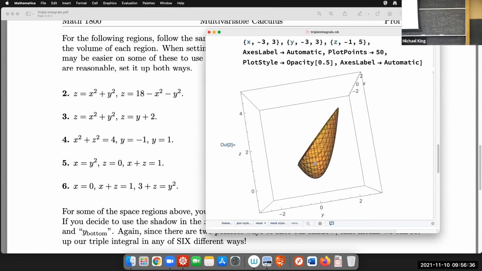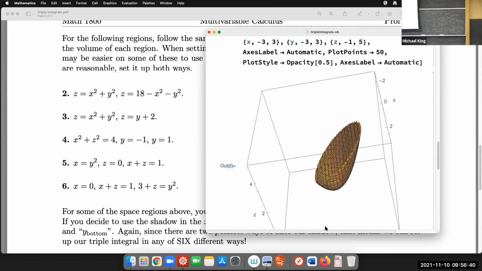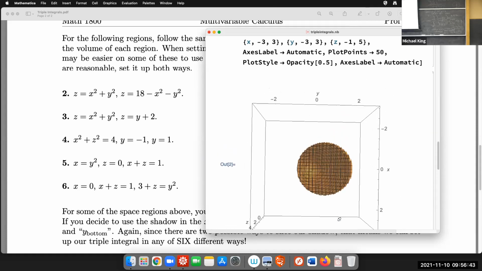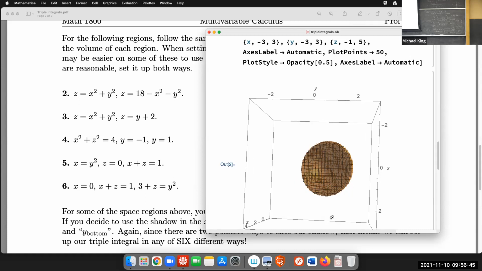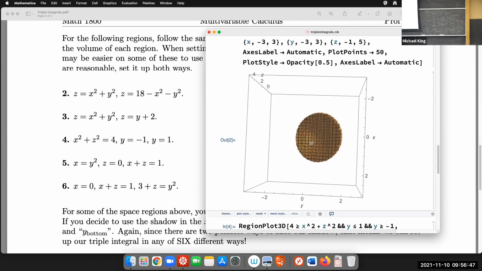Again, you don't have to be able to visualize this, but this was the shape from number 3. If you take the shadow on the XY plane, it is this circle.